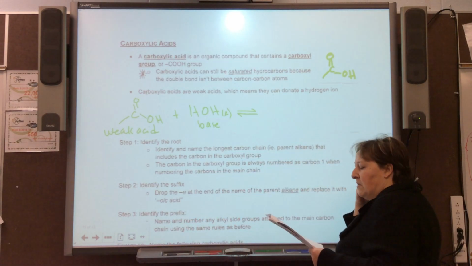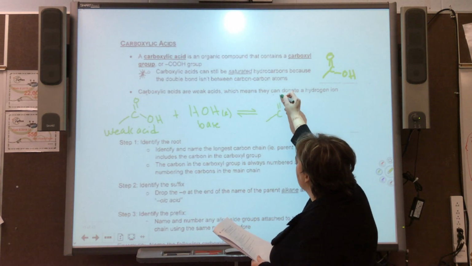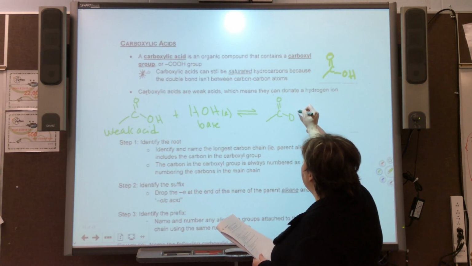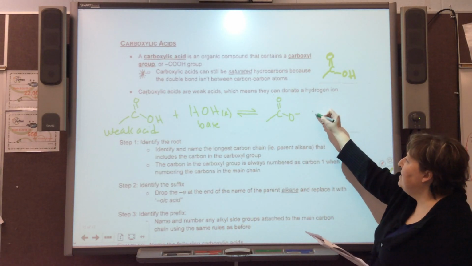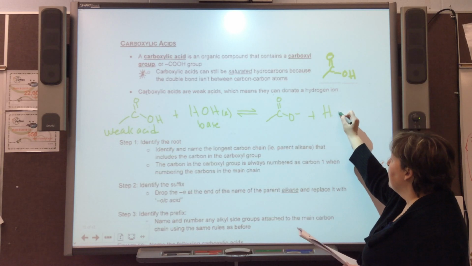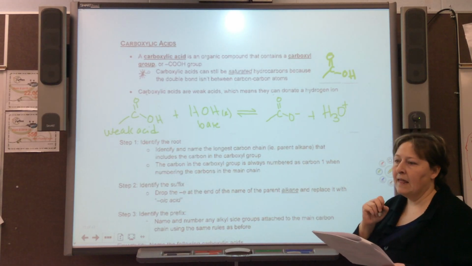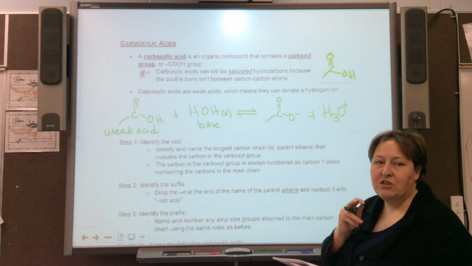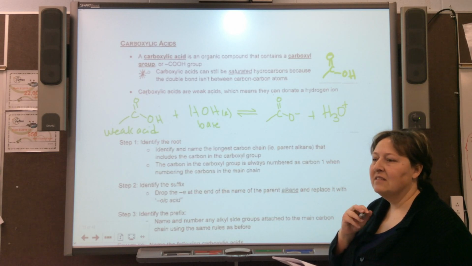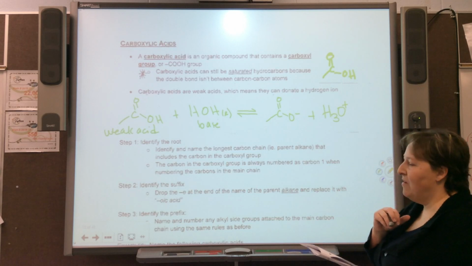Because it's a weak base, we're going to see this equation go backwards and forwards. And this is where the hydrogen comes off of your hydroxyl group. And you create, what do we call that guy? You remember? H3O plus. What do we call that guy? The hydronium ion. Okay, fine.